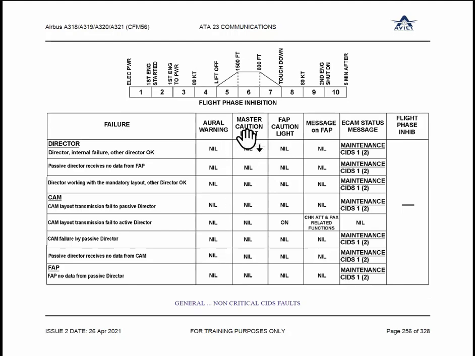There is no oral warning, there is no master caution, there is no FAB caution light. Only FAB caution light will come for cam layout transmission failed to active director. If your cam is not activated on the active director, then you will have a caution light. Otherwise, you will get every fault, you will get a maintenance message, a status message.